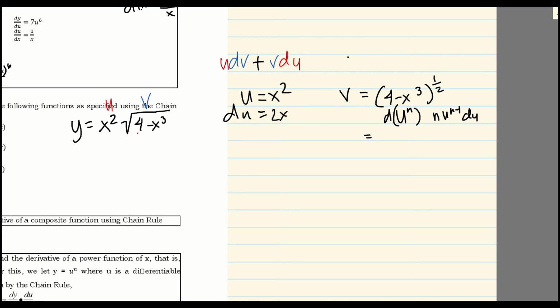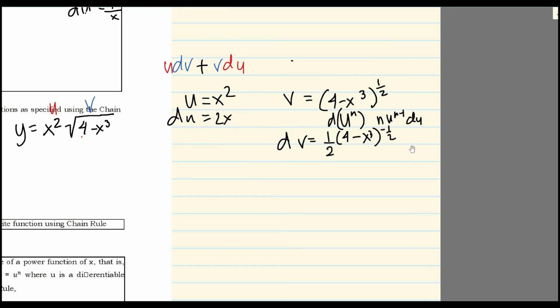Okay, so we have here 1/2, and then our u is 4 minus x cubed. This will be dv, 4 minus x cubed to the negative 1/2.